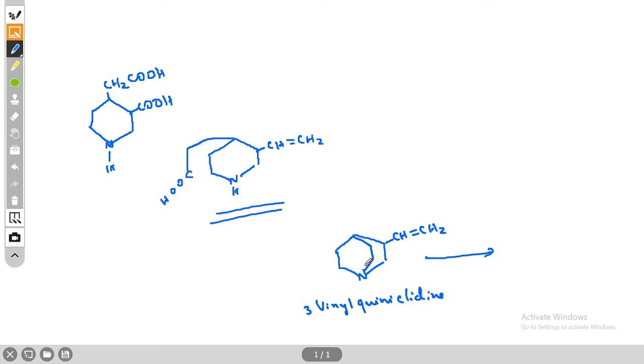This molecule on oxidation with chromic acid, CrO3 and H2SO4, will rupture this bond. This bond is ruptured, and this is converted to a COOH group, and this is NH. Then what is this compound?